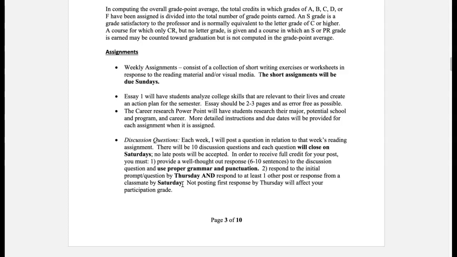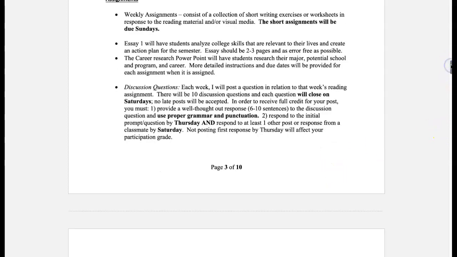Please keep that in mind, because a lot of people tend to forget this. It's so that people who want to finish their discussion posts early can do so. If you wait until Saturday to post both of your discussion posts, I do take off points from your participation grade, so make sure that you don't wait until Saturday.